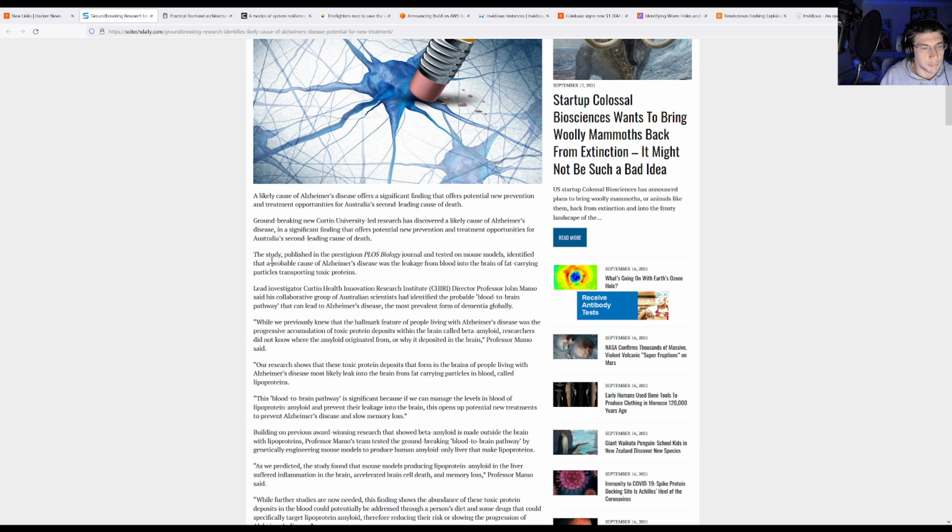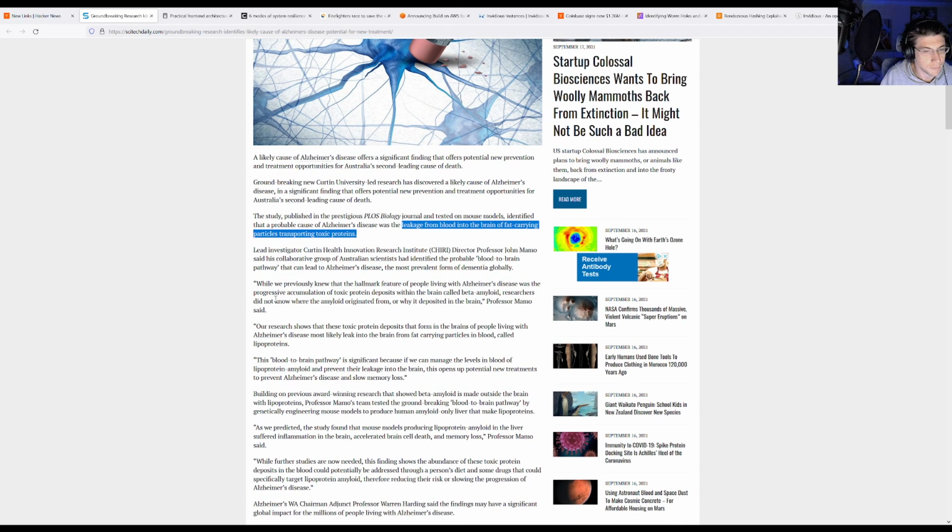Okay. Probable cause of Alzheimer's was the leakage from blood into the brain of fat-carrying particles transporting toxic proteins. What? Blood to brain pathway. The most prevalent form of dementia globally.